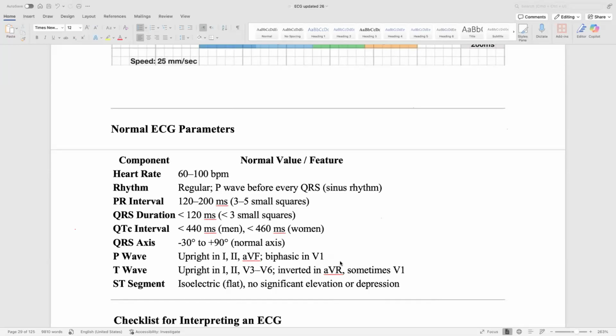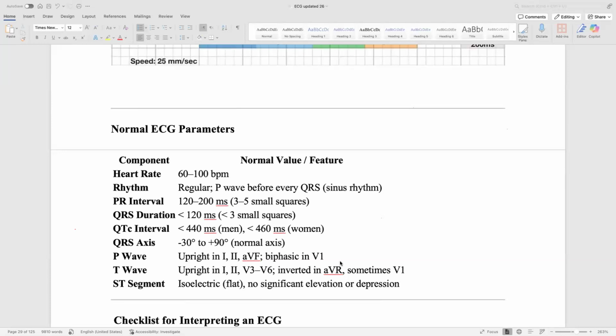If it is irregular, you can use, for example, 3 RR: you will divide 900 by the squares between the 3 RR, or 300 between 2 RR, 600 between 3 RR, 900 divided by the squares of the 4 RR. So it is 300 divided by the squares between 2 RR.